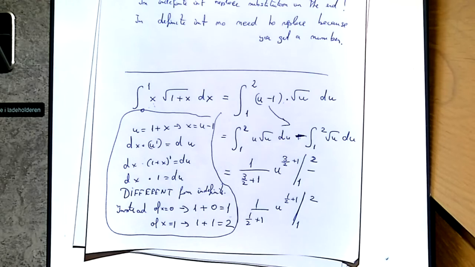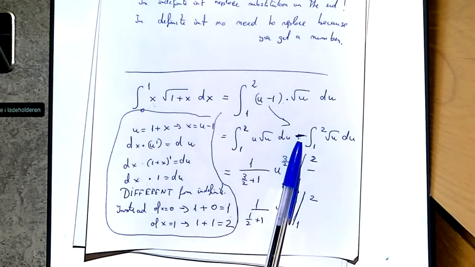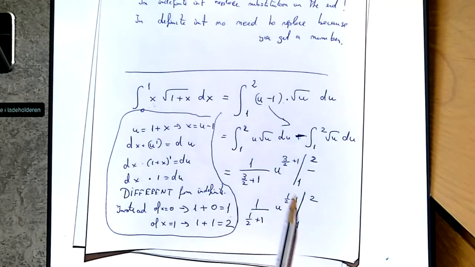Yeah, I added this negative there. If you're talking about this minus, yes, it's minus. But I got these two things. Remember in the indefinite case, I told you, now replace your substitution back and give me the answer, and you're done. In this case, just plug in the numbers and you're done. Instead of u, plug in 1, 2, and you're done.